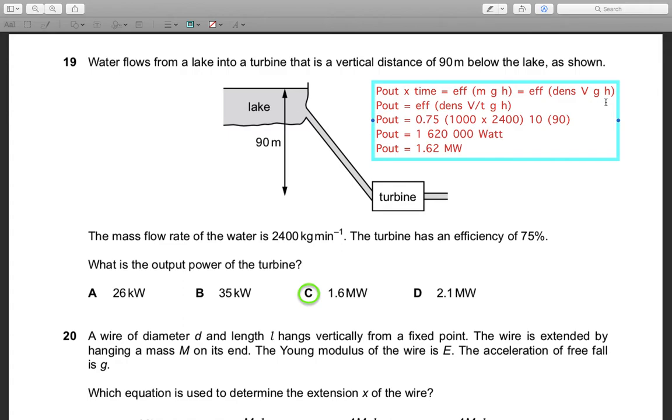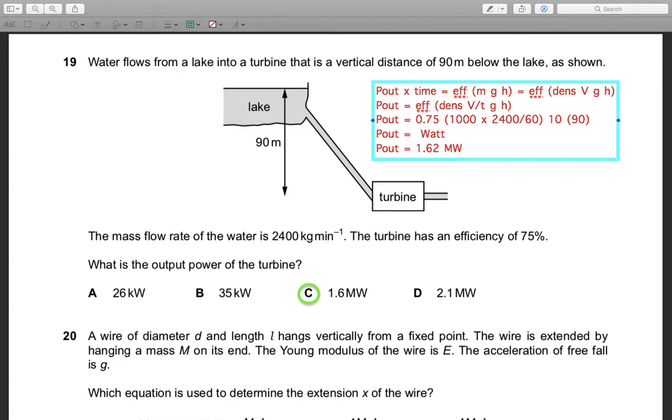So P out equals efficiency times density times V over time, times g h, because time we move to the other side as a divisor. The flow rate is 2,400 kilograms per minute, so we can divide by 60.